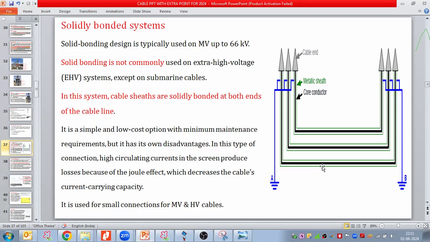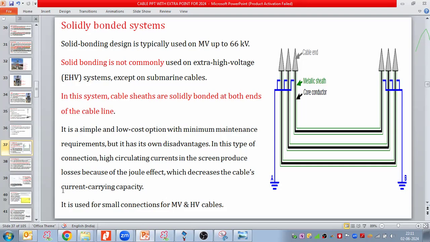This is a major disadvantage of both side bonding, both side earthing, the solid bonding system. It is used for small connections, any 100, 200 meter connections for medium voltage and high voltage cables. In that case, this kind of system could be used.